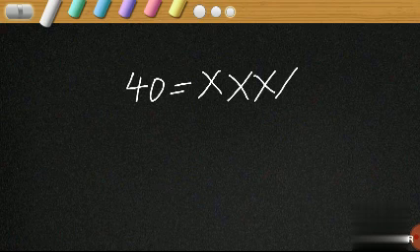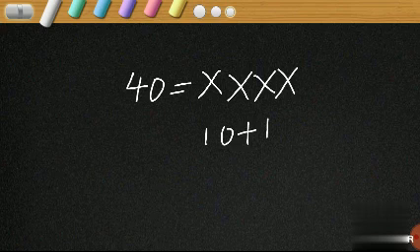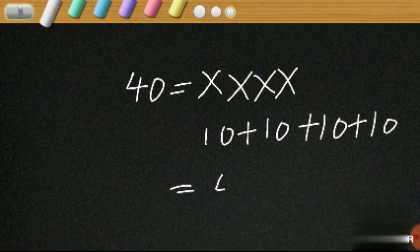Just listen here. For writing 40, can we write, don't write now, just listen, only 3 times can be repeated. Letters can be repeated only 3 times. That means, for writing 40, can we write X means 10, 10 plus 10 plus 10 plus 10 equal to 40?